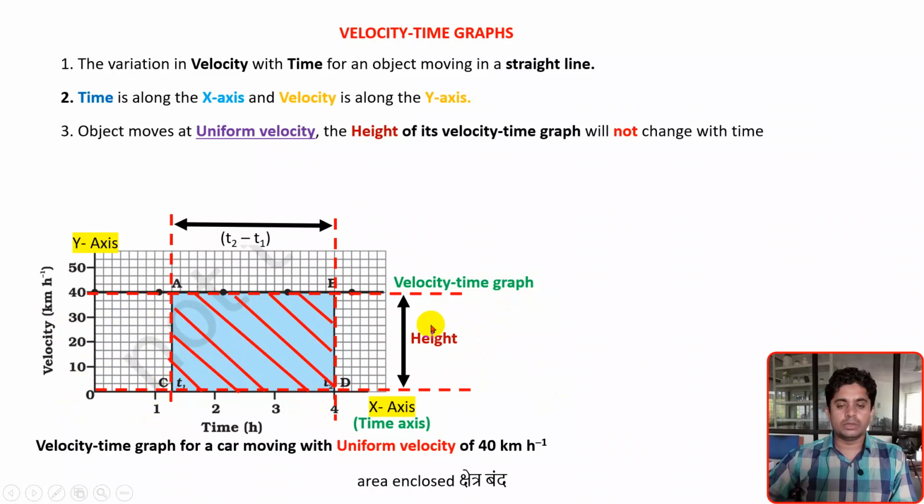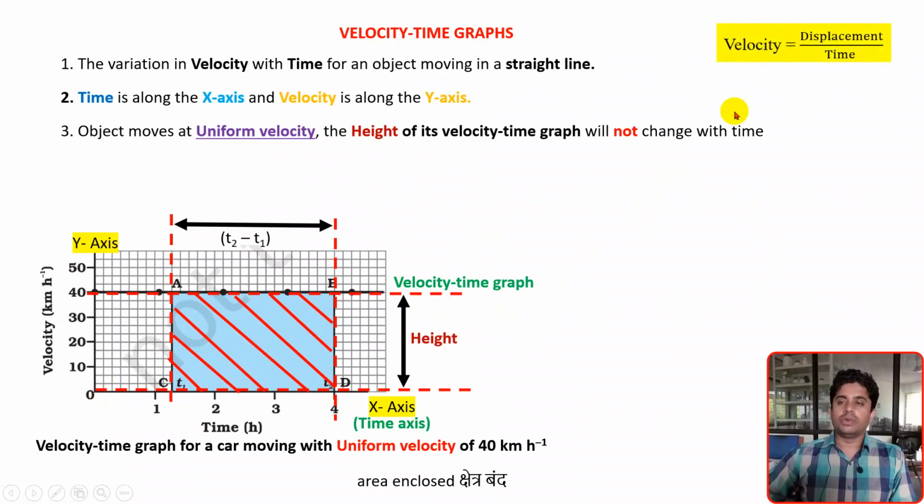After 1 hour it is 40, 2 hours it is 40, 3 hours it is 40, 4 hours it is 40. So throughout the journey this height remains constant. This height in the velocity time graph is not changing with respect to time.